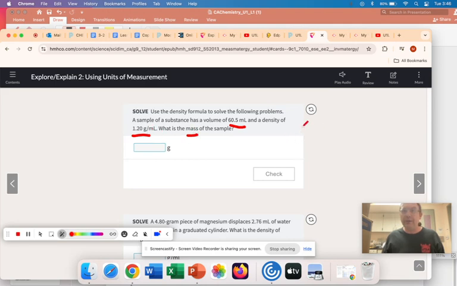So we would say mass equals density times volume.